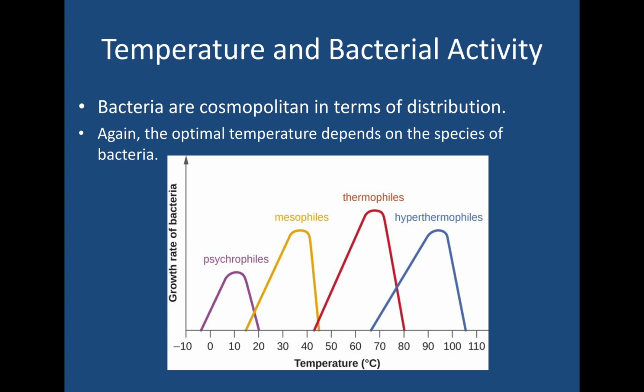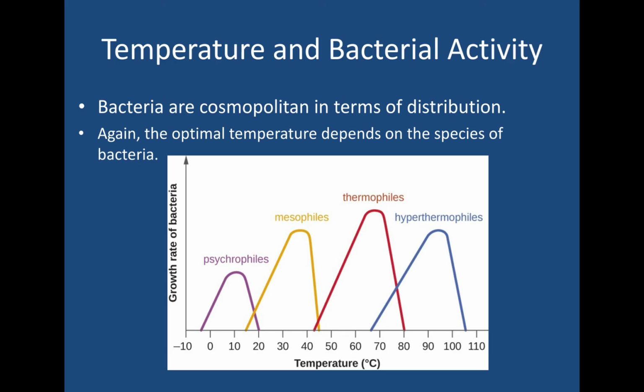Again, the optimal temperature range depends on the species or strain of bacteria that you're looking at. I'm sure you've already heard of these terms before. We have special classifications, special names based on the temperature range that a certain bacterial species grows best in.